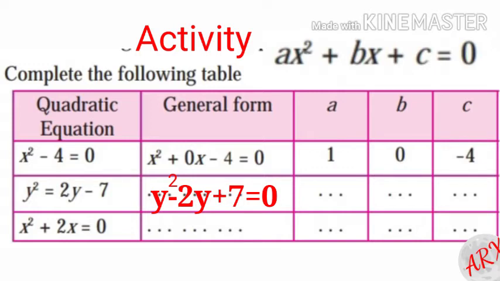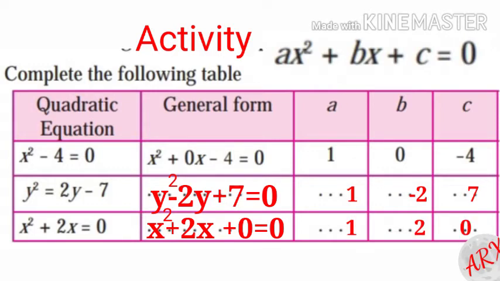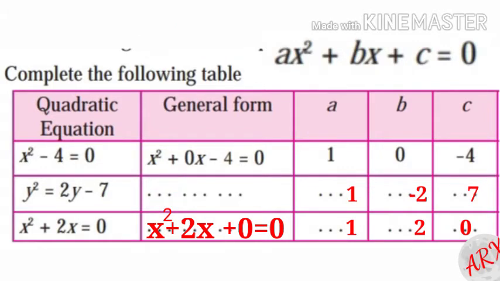Value of a is 1, b is minus 2 and c is 7. Similarly, in x square plus 2x equal to 0, general form will be x square plus 2x plus 0 equal to 0. Hence value of a will be 1, b will be 2 and c is 0.